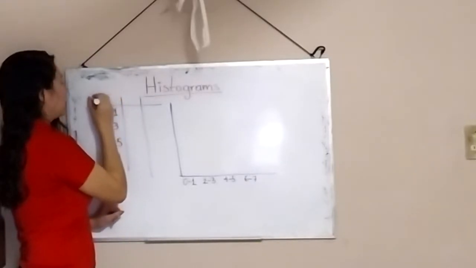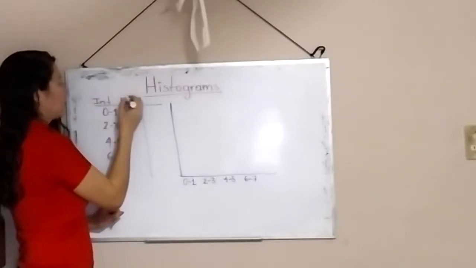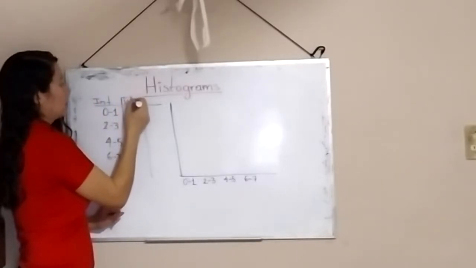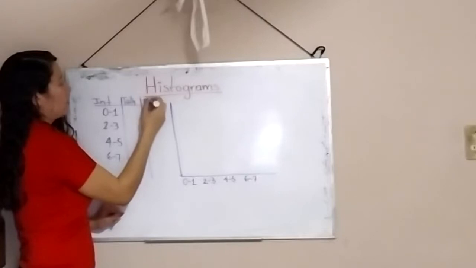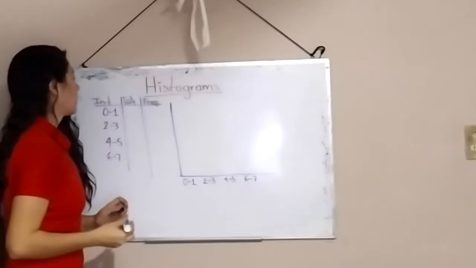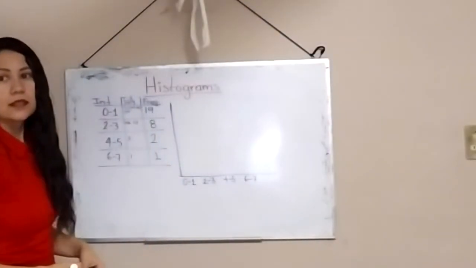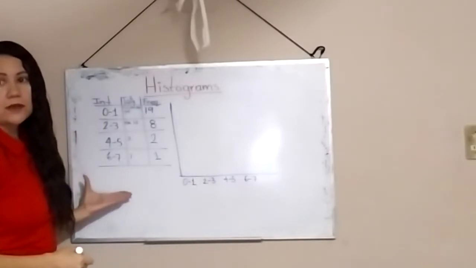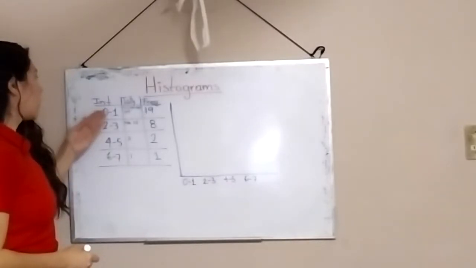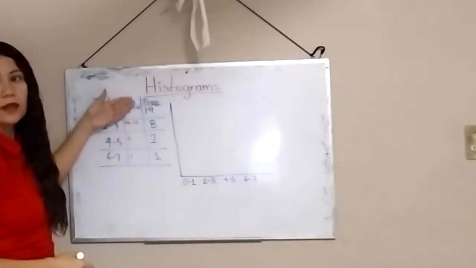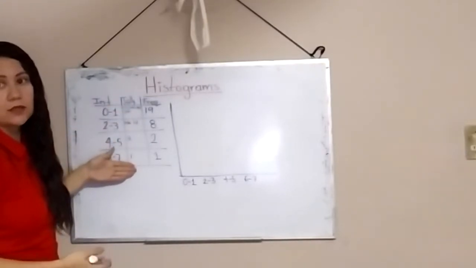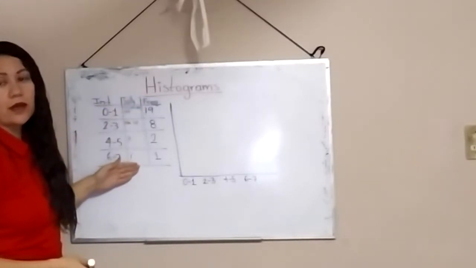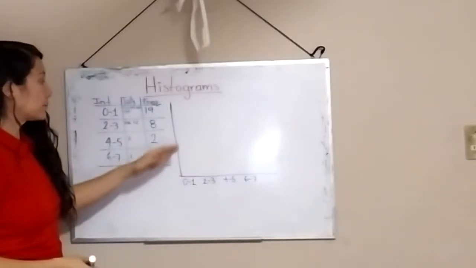This is our interval, this is our tally, and this is our frequency. This is how our frequency table would be. We have the data, we have the tally, which is the counting we do, and we have the frequency.